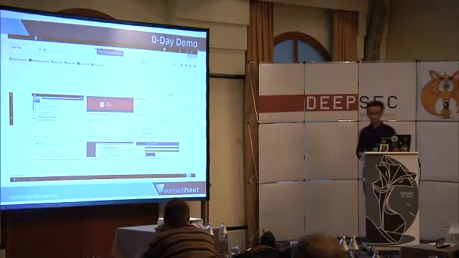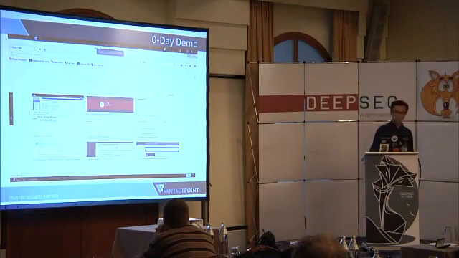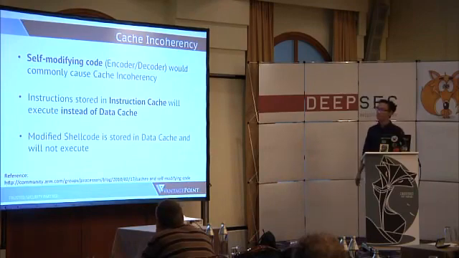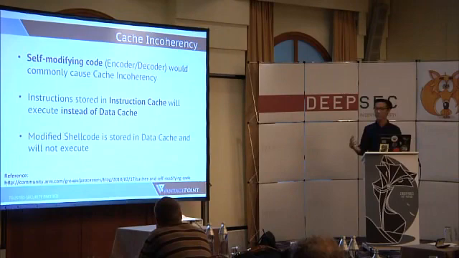So just to give a bit of tips on how to write exploits on ARM architecture instead. In ARM, there's also the cache coherence problem. So why is that? Because when you're writing the exploit, there is the encoder and decoder, and it's called self-modifying code.